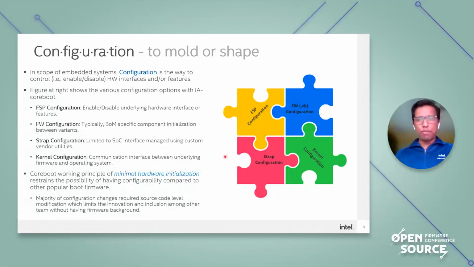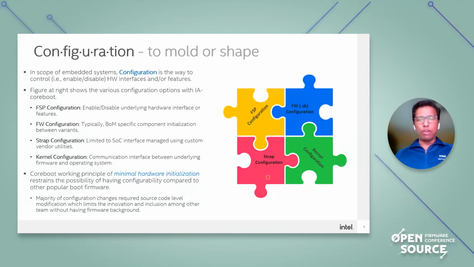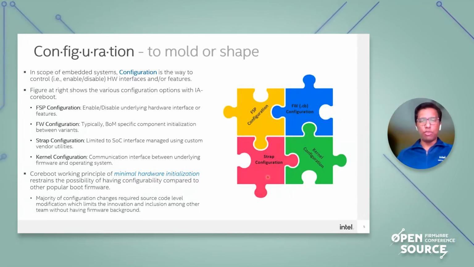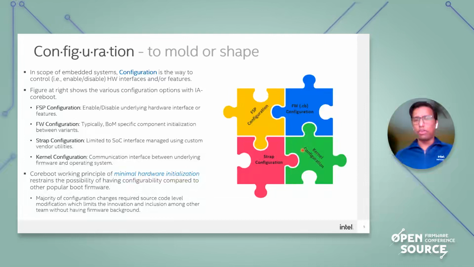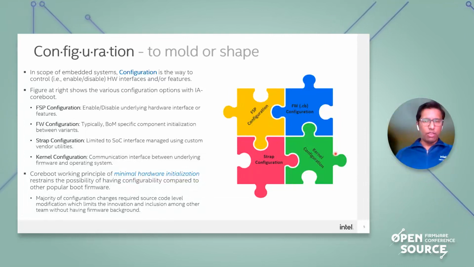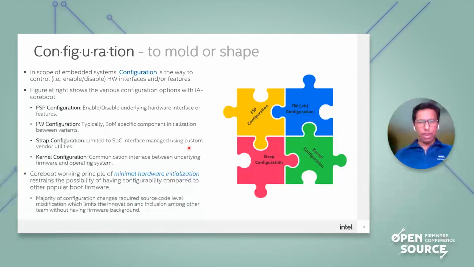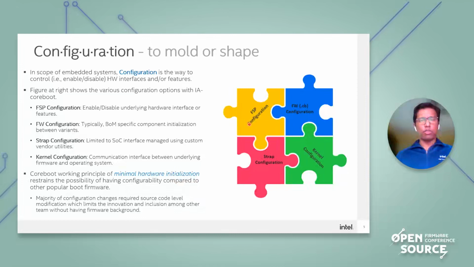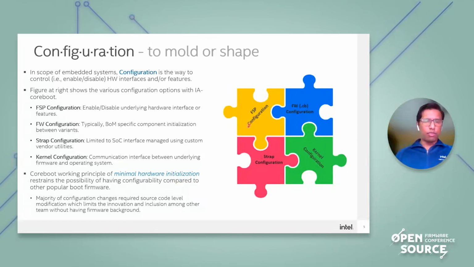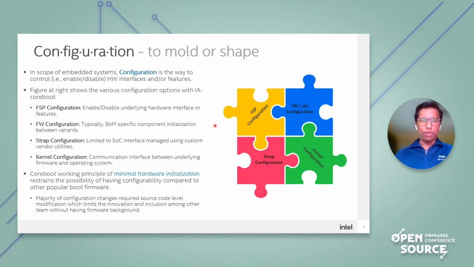Third is your strap configuration, which is pretty much in the control of the silicon vendor, who want to fuse or unfuse certain features, right? And finally is the kernel configuration, for which we gave the example of virtual machines and whatnot. So we have these four verticals. For the interest of time and this content, we'll mostly focus on anything that touches the silicon, so the FSP configurations and firmware configuration are what we'll touch as part of this session.